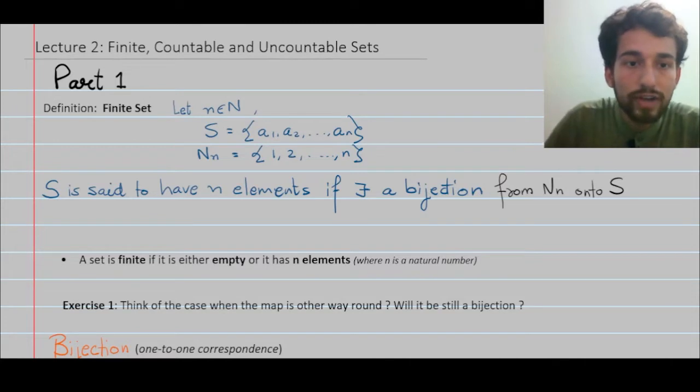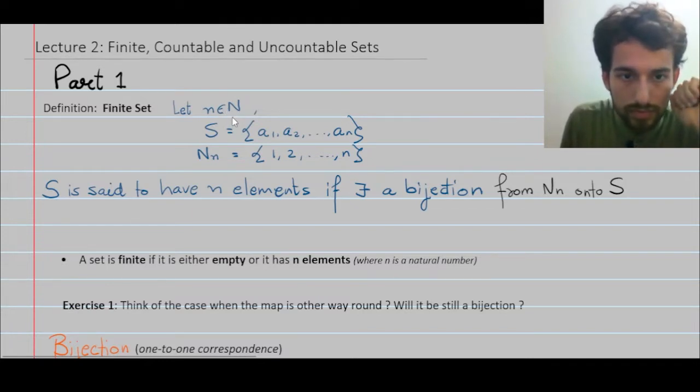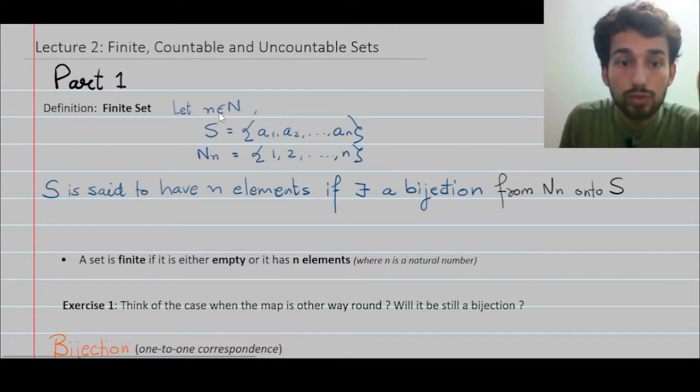So before moving to that, let me quickly read what we have defined for finite sets. Let me choose a small n belonging to the set of natural numbers.